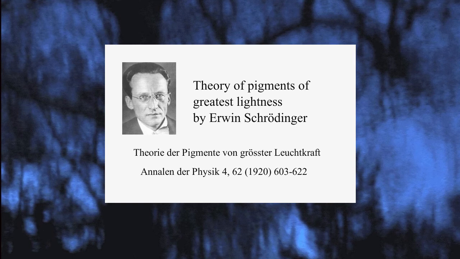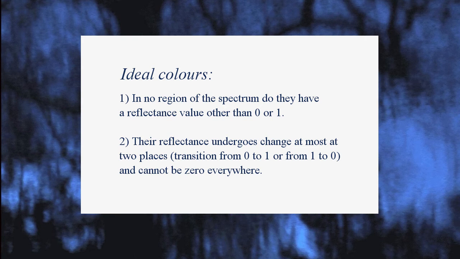Let me remind you of the definition of ideal colors. 1. In no region of the spectrum do they have a reflectance value other than 0 or 1. 2. The reflectance undergoes change at most at 2 places, a transition from 0 to 1 or from 1 to 0, and cannot be 0 everywhere.